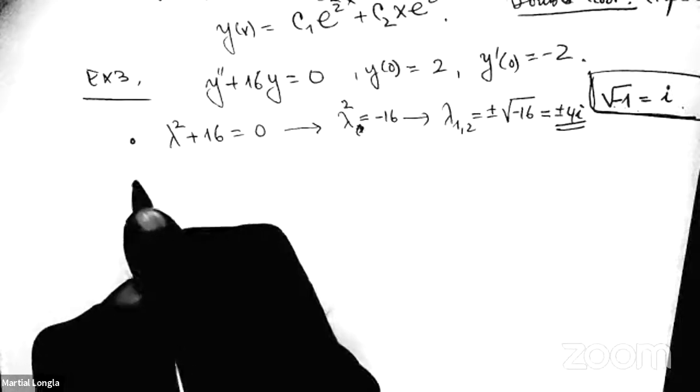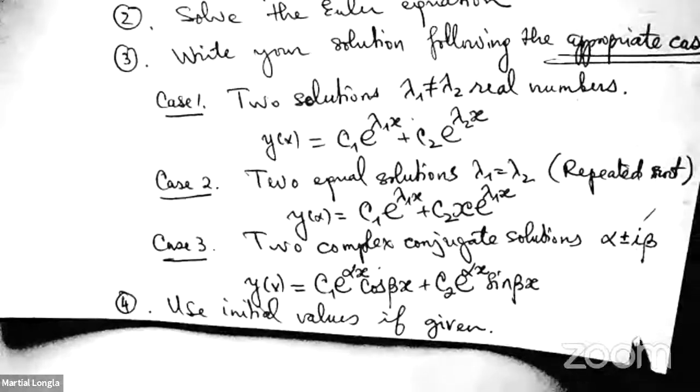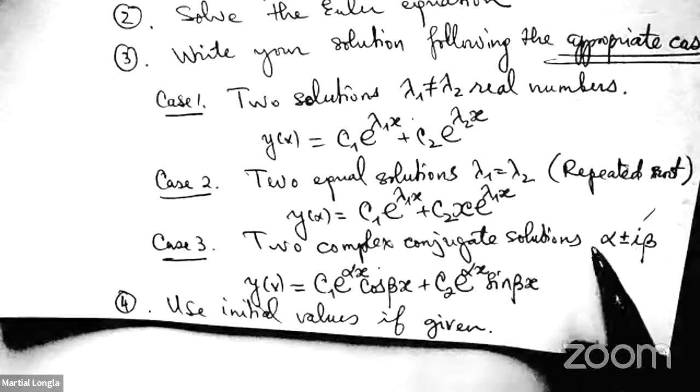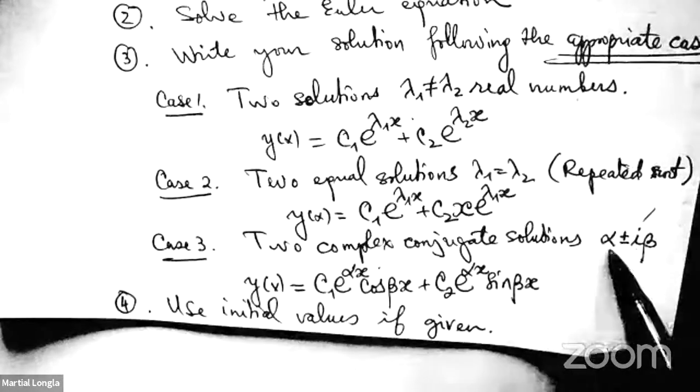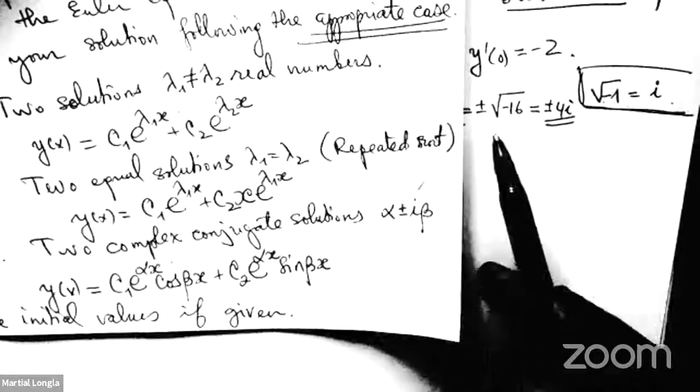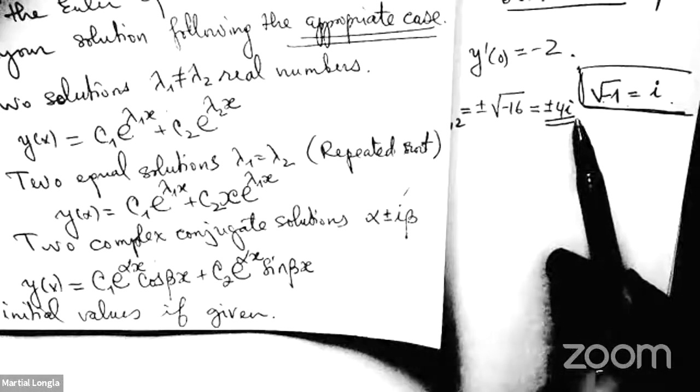I understand that. Now, in the steps, it says when the two complex roots are alpha plus minus i beta, and in this case, we found the two roots to be plus minus 4i.